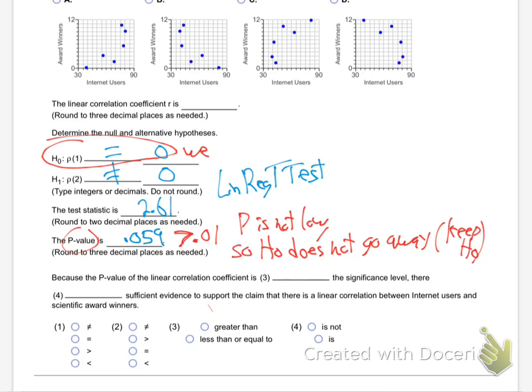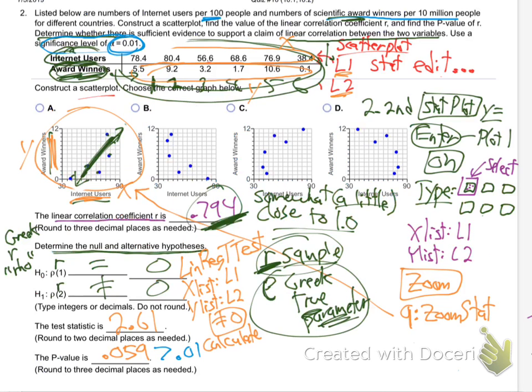So that's weak evidence, right? Always this is strong evidence, but we didn't have strong evidence. We only had weak evidence. So evidently, these dots, this 0.794 correlation coefficient, basically this data is not strong enough to conclude beyond a 1% chance of luck.